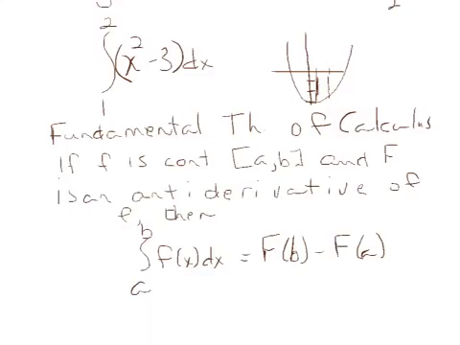In other words, we evaluate the integral, we plug in b, we plug in a, and we subtract the value we get with a from the value we get with b.